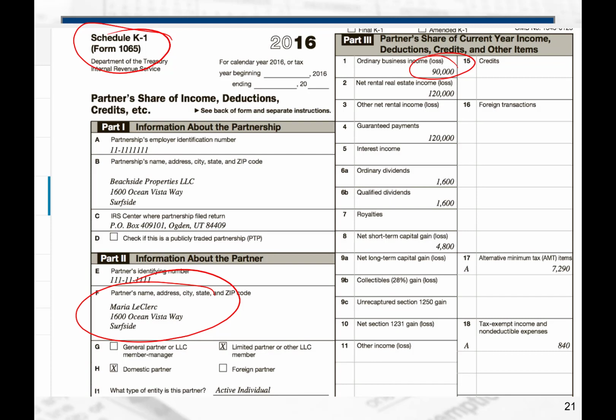I guess she got half of it or something. And what? Her share of the rental income, her share of any guaranteed payments, etc. So it's just simply taking what was on the Schedule K and distributing it now to the shareholders. It's like their W-2, their 1099 or something like that, right? And then they know what they need to do with those items to fill out their individual 1040.